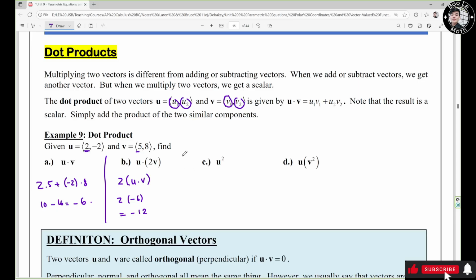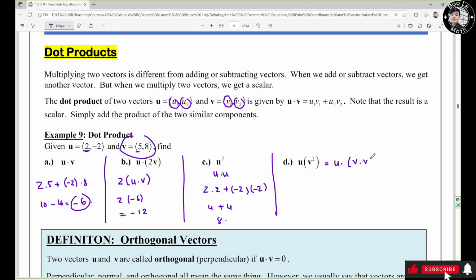Now question C. u squared, which means u dot u, right? So it's 2 times 2 plus negative 2 times negative 2, right? So it's 4 plus 4, it's going to be 8, right? Now, question D. The vector v dot v times u.